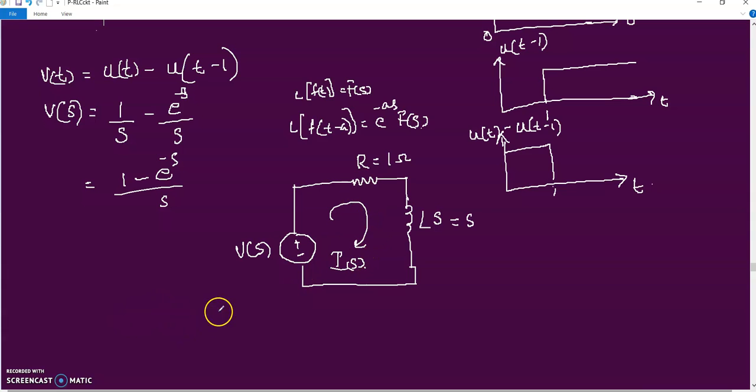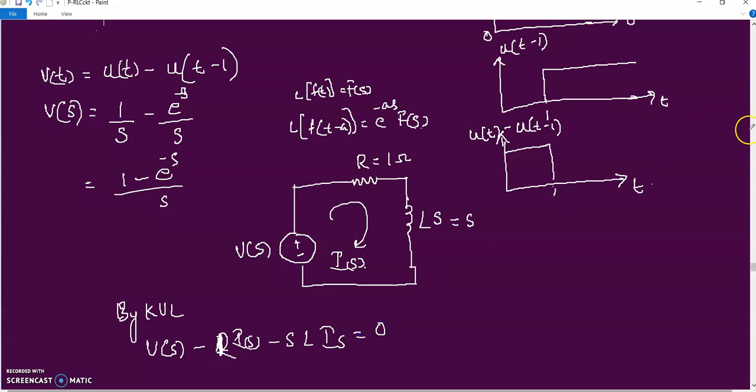We can find the equation for I(s) by using KVL. We can write the KVL equation: V(s) minus R into I(s) minus Ls into I(s) is equal to 0.